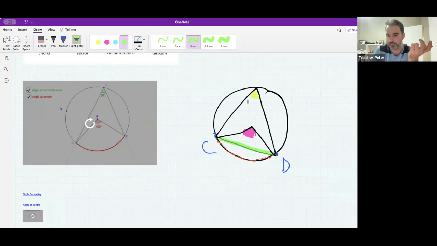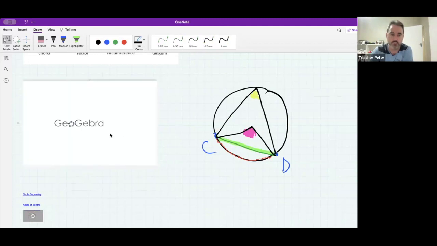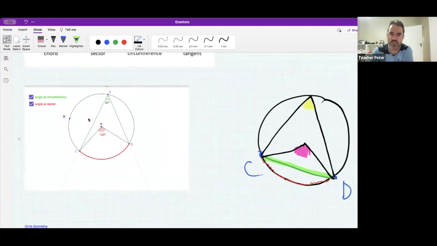Now, as we look at the animation, I want you to see if you can figure out what the relationship between the angle at the center and the angle at the circumference is. So let's have a look. Okay, GeoGebra is our friend here.